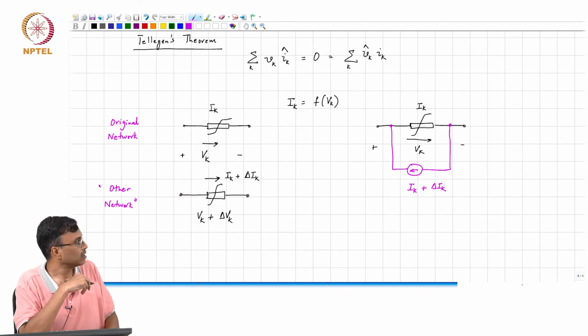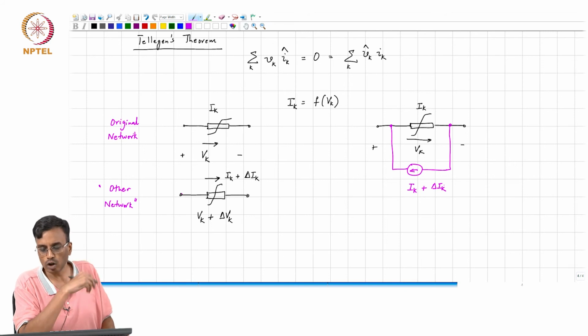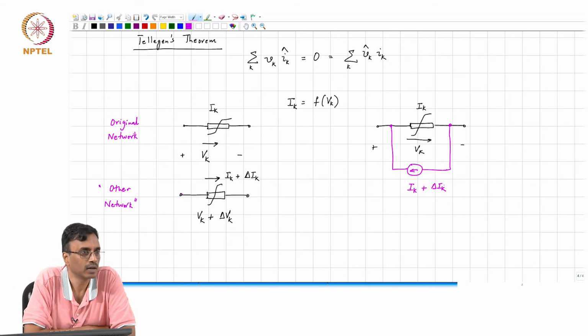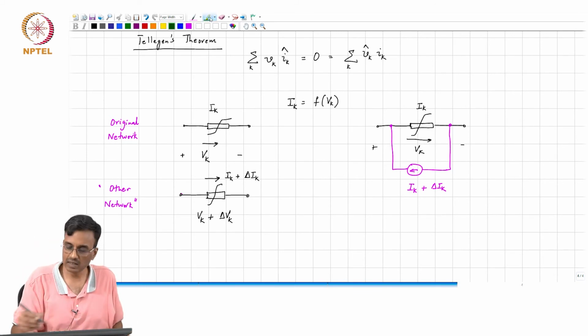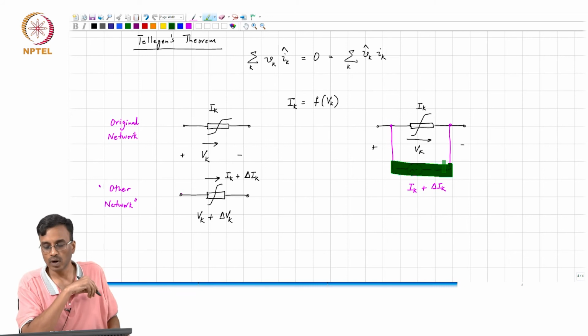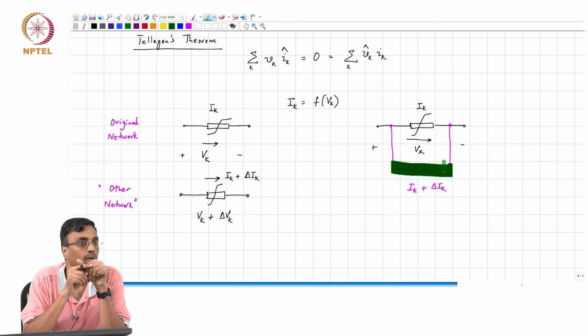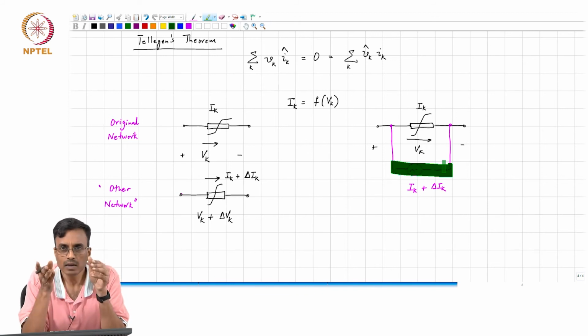Okay. Now, if I do this for every branch, what comment can you make about the branch voltages and branch currents in the original network? What comment can we make? By making this construction with the original network, what is the net current I've added at every node?